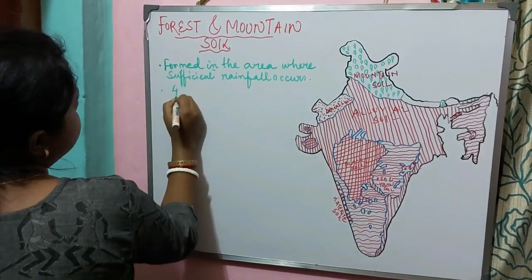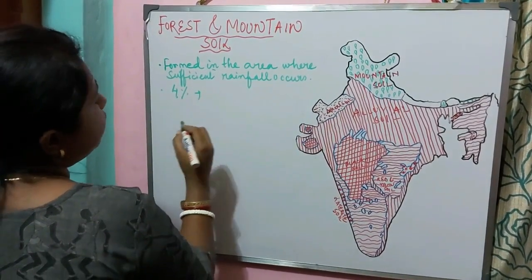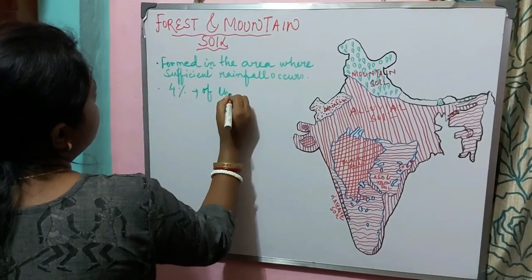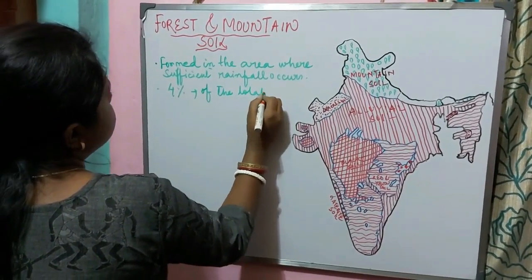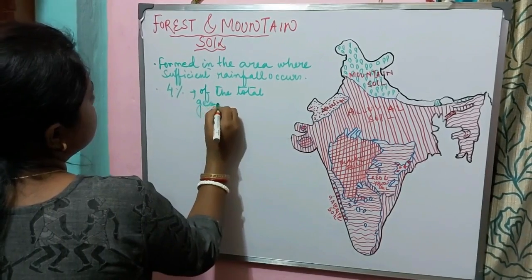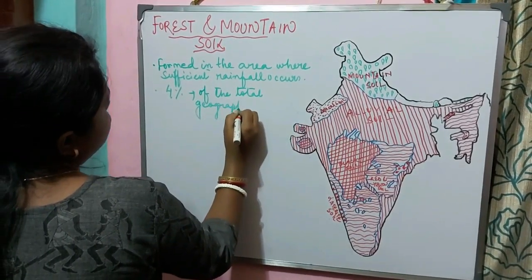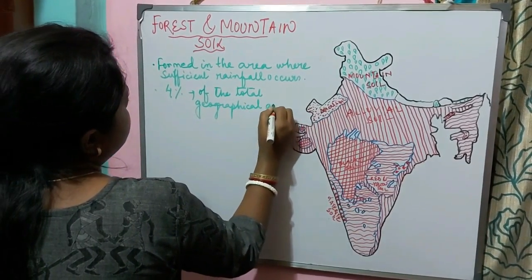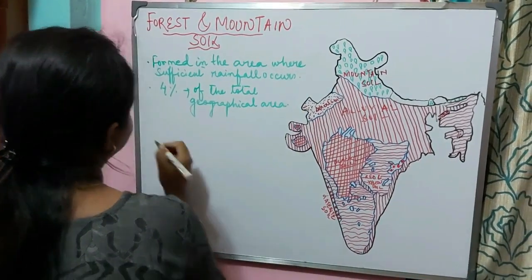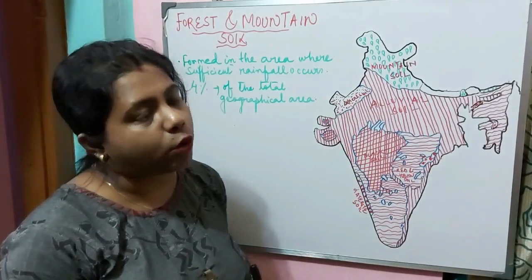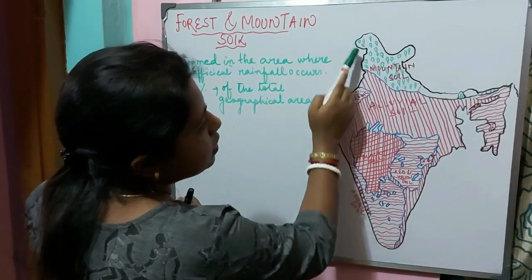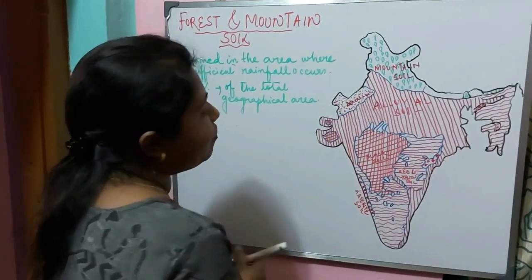In terms of geographical area, it covers only 4% of the total geographical area. Now, where this type of soil is found, you can see in the map, this is the area where this type of soil can be found.